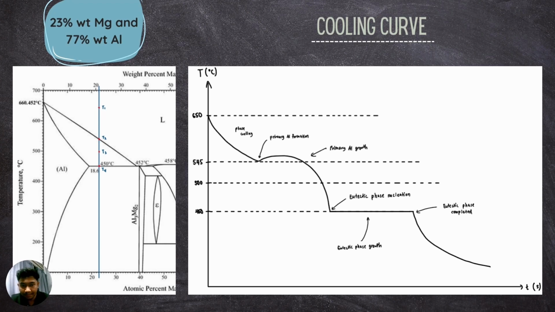And here, the primary aluminum will start to form, and it will stop at this temperature, which is 450 degrees Celsius, where eutectic phase nucleation occurs. So at this line, the isothermal line, the eutectic phase grows, and here the eutectic phase will complete.